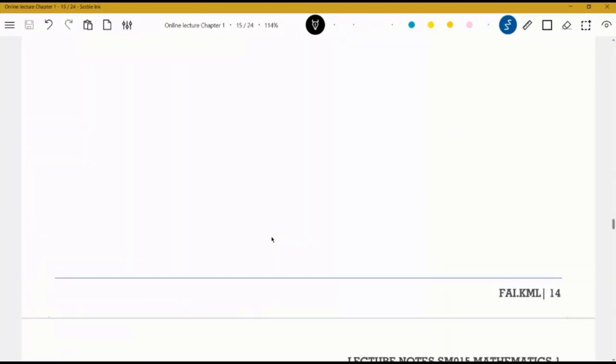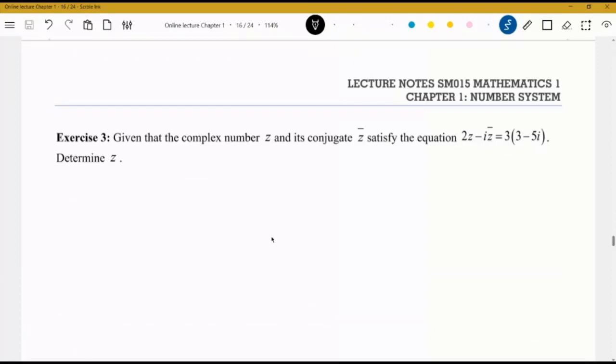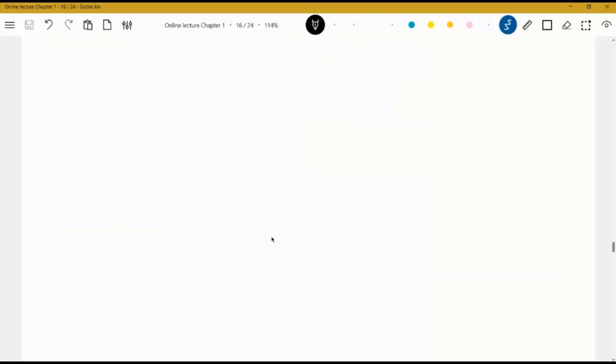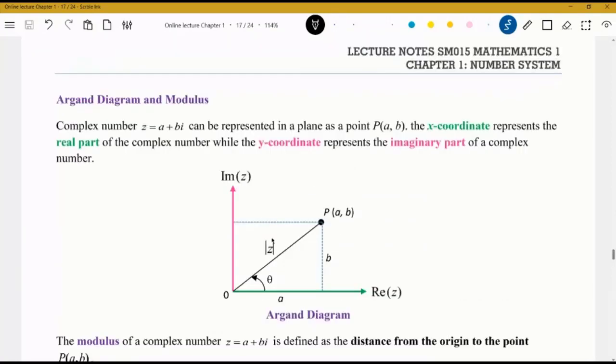Okay, so which is on page 17. It's here. Okay, Argand diagram and modulus. Okay, so basically when we have a complex number, we can plot it into the Cartesian plane, which we call it Argand diagram. Okay, so we have the imaginary part on the y-axis.